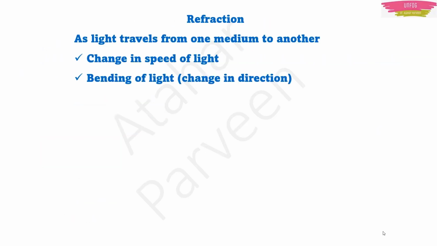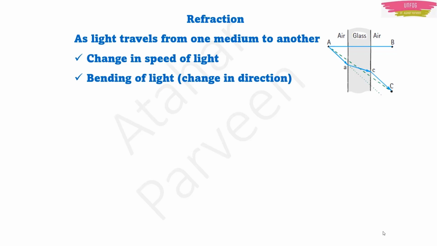See, when light travels from one medium to another medium. For example, if there are two mediums, light is traveling through air and then it is falling on the surface of glass. Then the speed of the light changes because here there are two mediums with different densities.